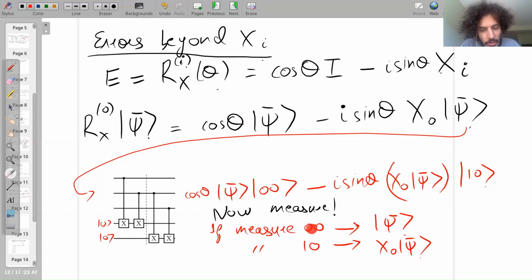If you measure the syndrome 0, 0, then you know your code word has no error on it. And if you measure the syndrome 1, 0, then you know that your code word has the X0 error on it. You don't get a superposition. This is a classical choice of either 0, 0 leading to this quantum state, or 1, 0 leading to this quantum state.